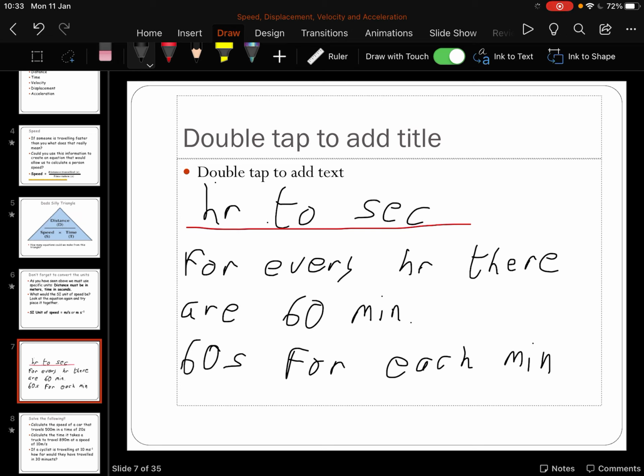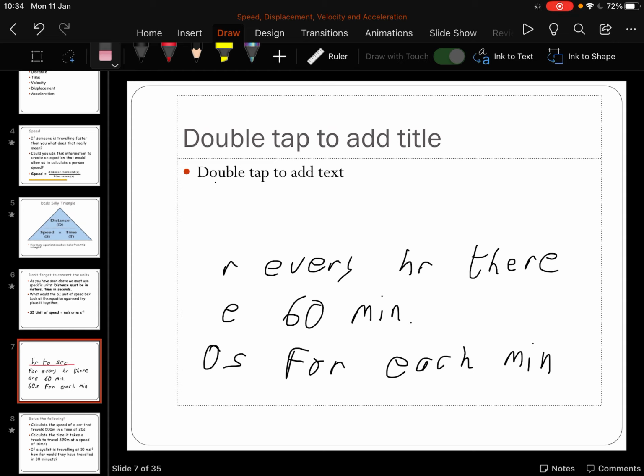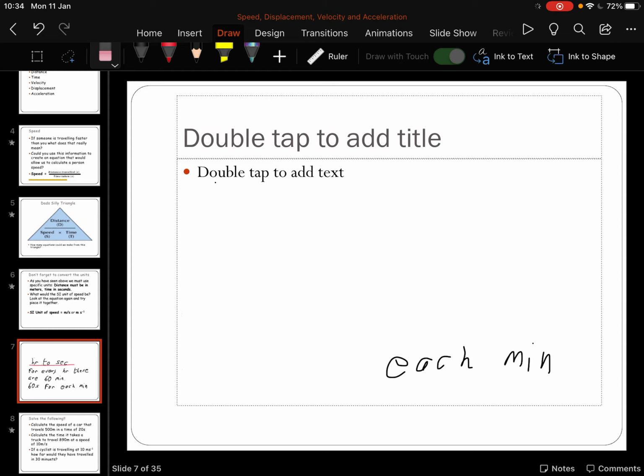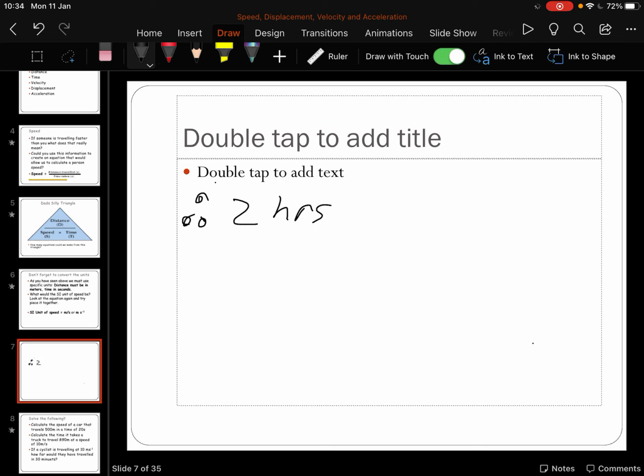Take all this down, guys. It's good revision for you. For every hour there are 60 minutes, and 60 seconds for each minute. I need to rub it out now to get space. So I've got to convert 2 hours to seconds. We'll just use a multiplication sign.